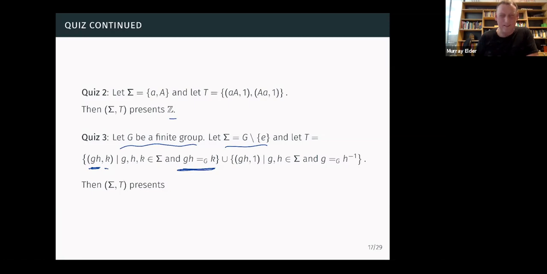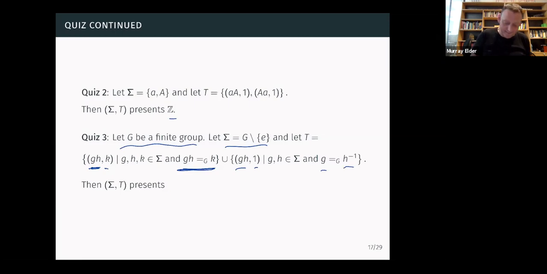Okay, so it's a bit contrived that I'm just beginning with a group, but turning it into a rewriting system and then asking what kind of group do I get out of it. So there's a bit of a hint there for you. And also G times H gets replaced by the empty string if actually H is G inverse.